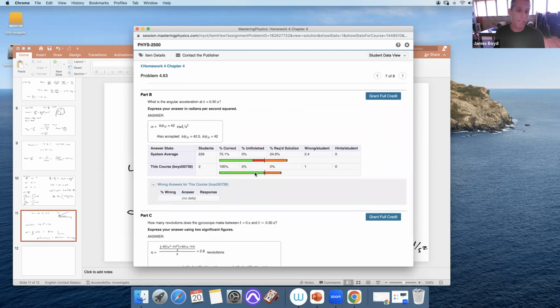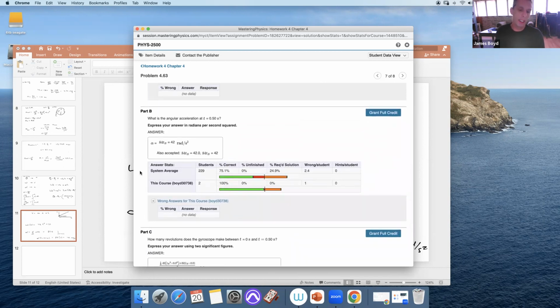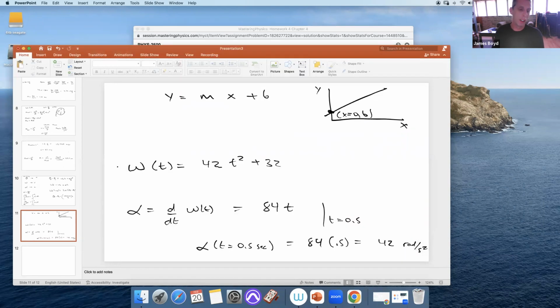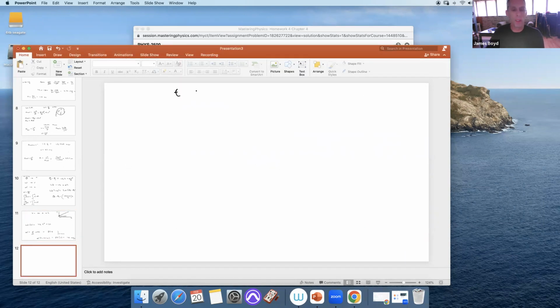All right. Finally, how many revolutions does the gyroscope make between t equals 0 and t equals 0.5? So we need to find the change in theta, and how do we do that? The integral of d theta is equal to the change of theta.